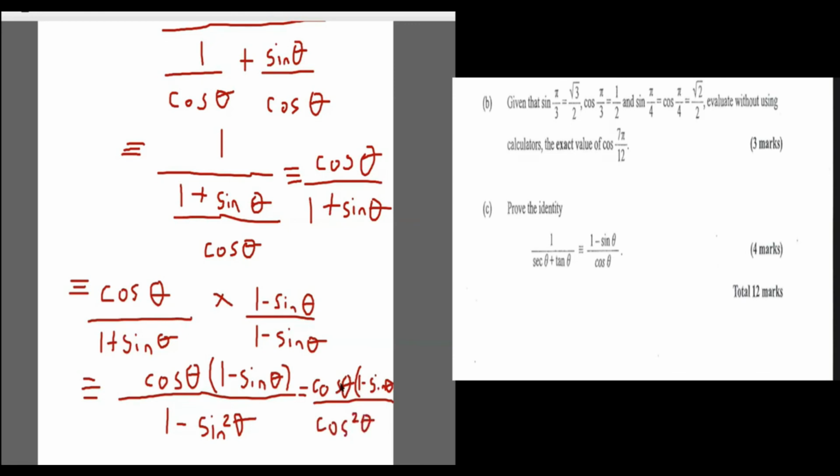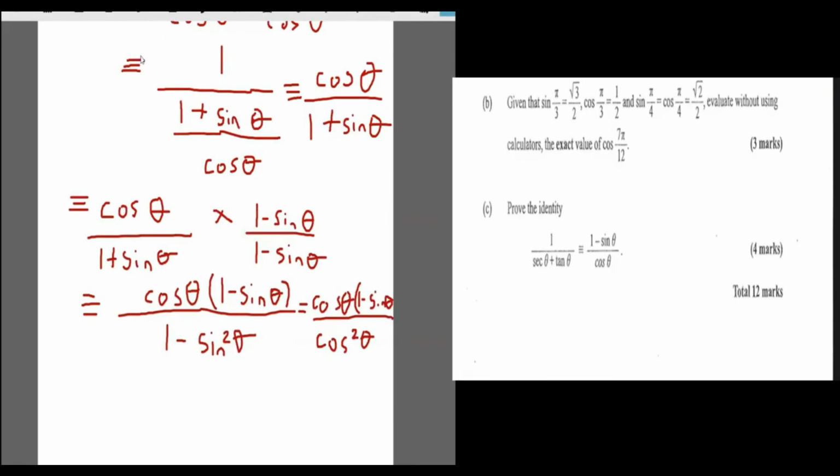Now we get it. Because now the cos theta over cos squared, cos is going to cancel. All right, cos is going to cancel. And so what this works out to be is 1 minus sine theta over cos theta, since cos theta over cos squared theta is just 1 over cos theta.